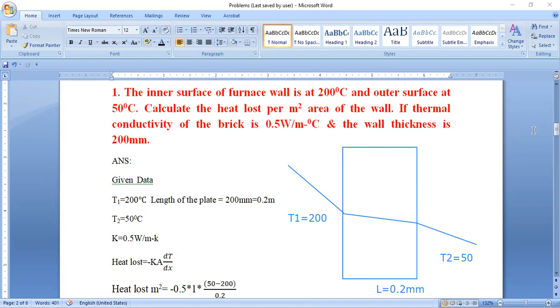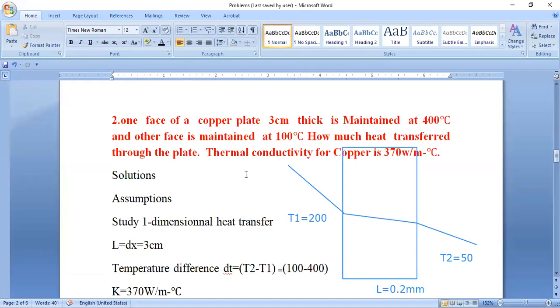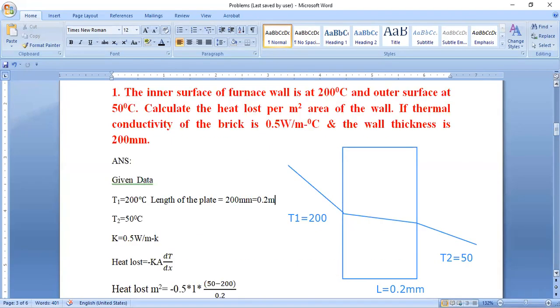You have to calculate how much heat loss per meter square. See, what is the meaning of one-dimensional heat transfer? Heat will be transferred from one end to the other end. That is called one-dimensional heat transfer. L is equal to dx is equal to 0.2 meter, which is 200 mm.